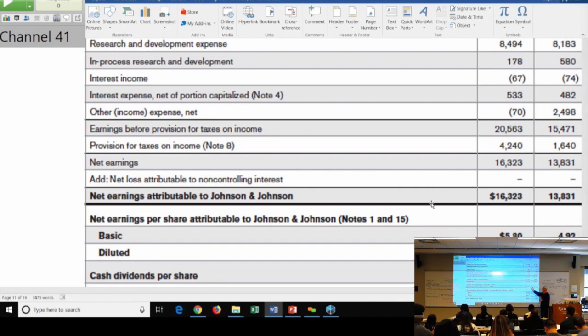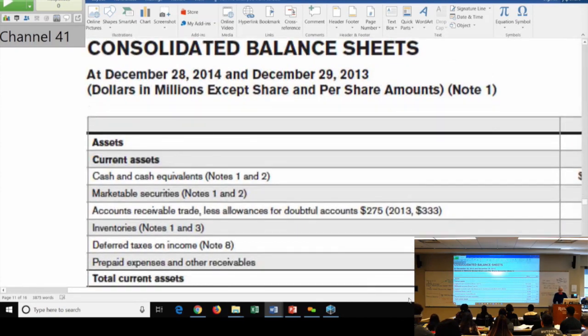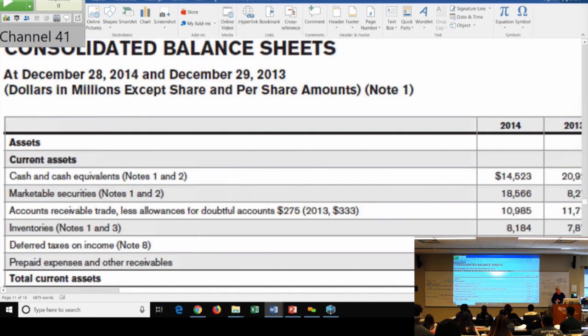So now the income from the income statement is the first line on the statement of cash flow. So now you've got a basis for verification. The numbers tie together. And where would you find cash? Balance sheet. Cash and cash equivalents on the balance sheet, 14,523, and that's what you find on the cash flow statement.